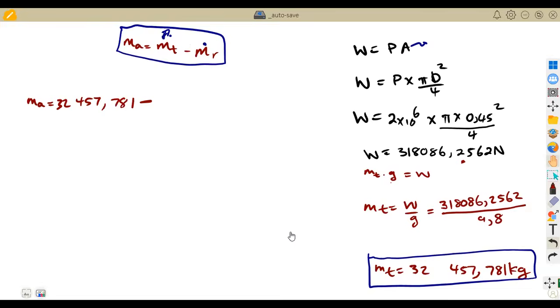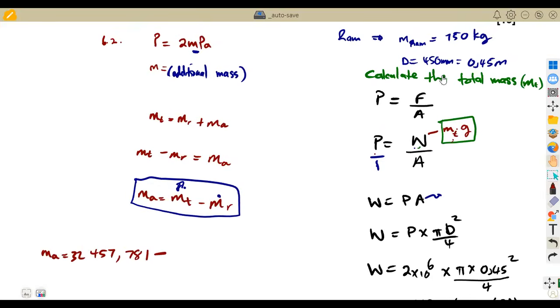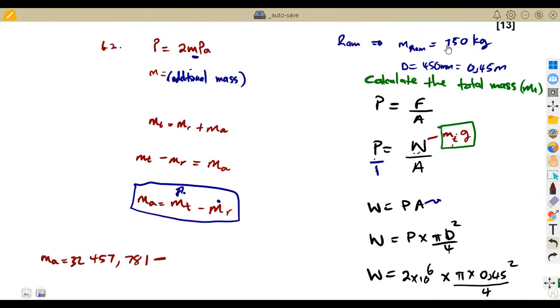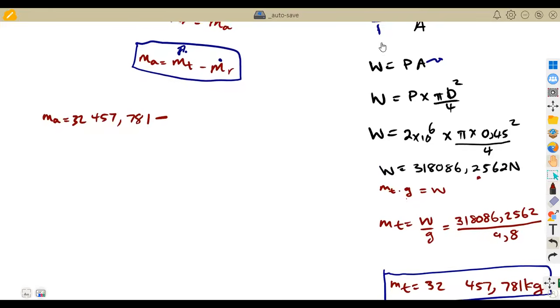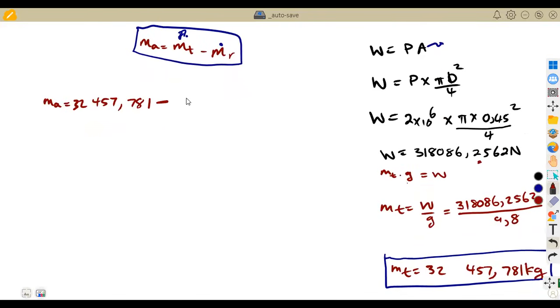The mass on the RAM is given as 750 kilograms. So we are going to subtract 750 kilograms from the total mass to obtain the additional mass.